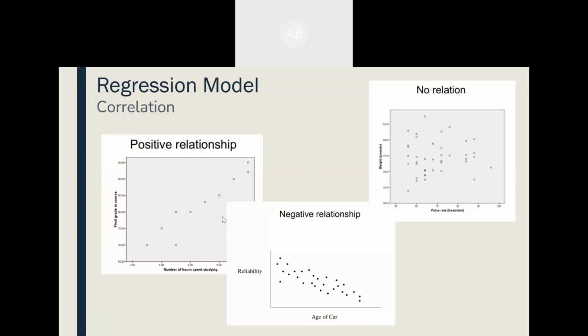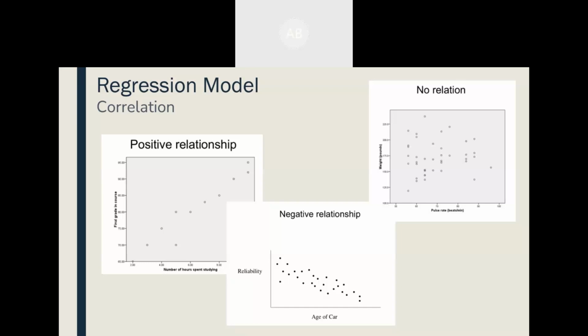From the previous example, this is again a relationship study, as you see on the screen. If it is a positive relationship, that means anything that increases on the x-axis, the y-axis value will also increase. Here on the left side, suppose you take a sample from 10 different students and ask how many hours they have spent on their studies.